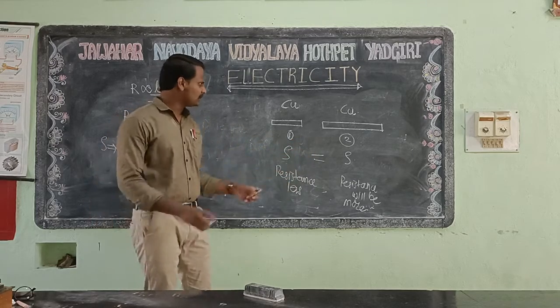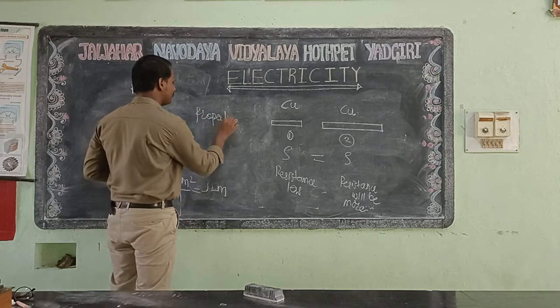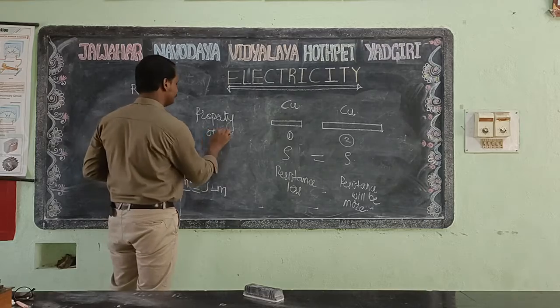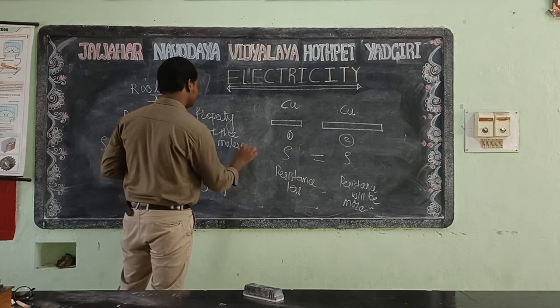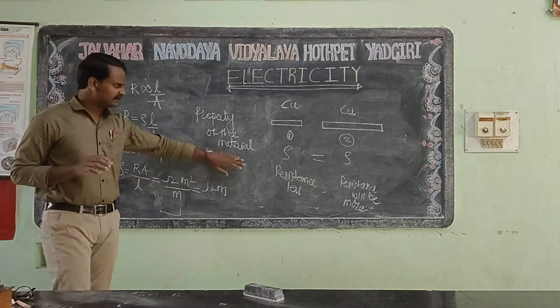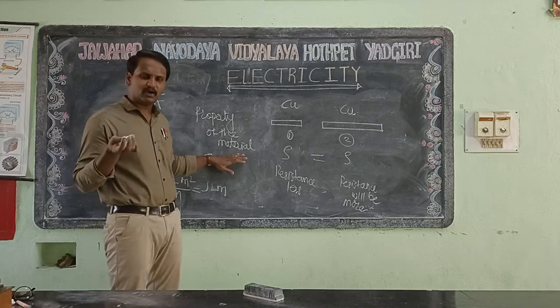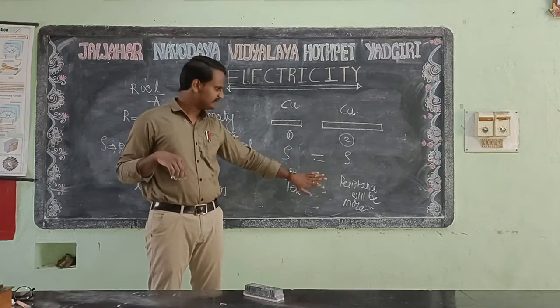Resistivity is the property of the material, which defines how much resistance can be applied. If the material is the same, the resistivity will be the same.